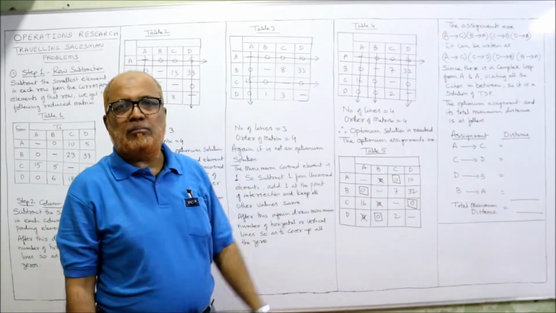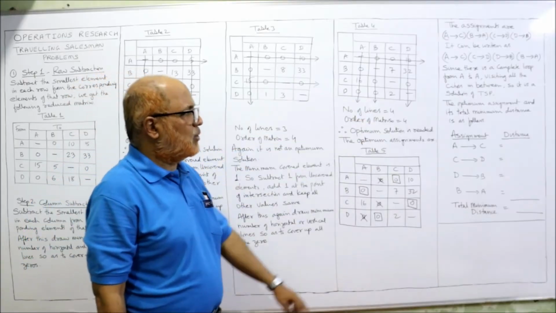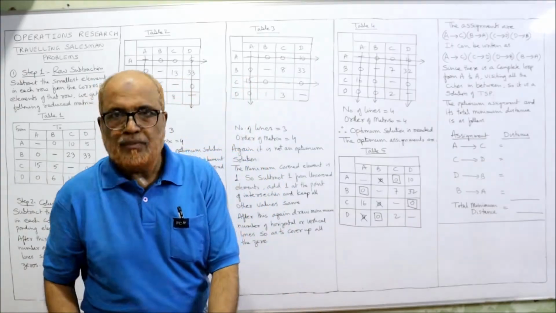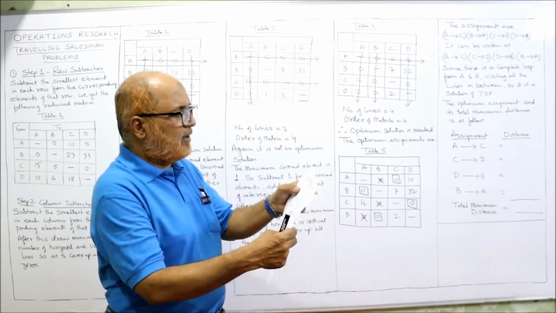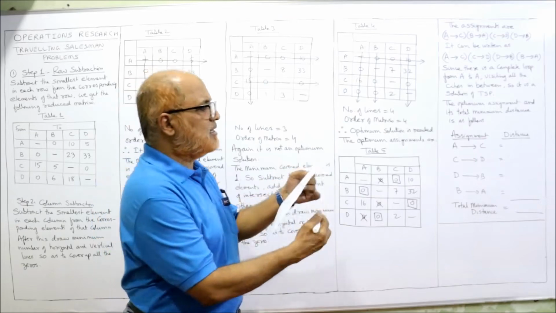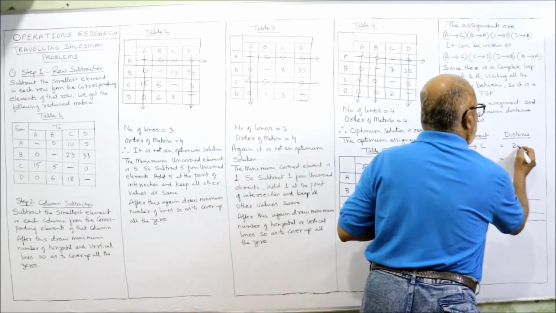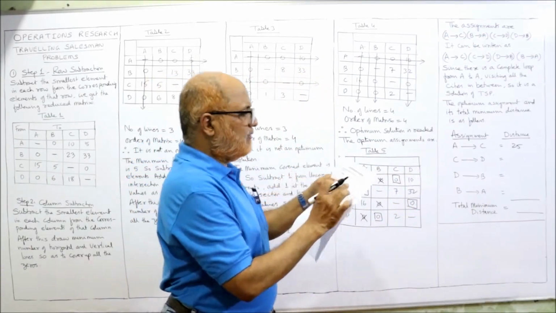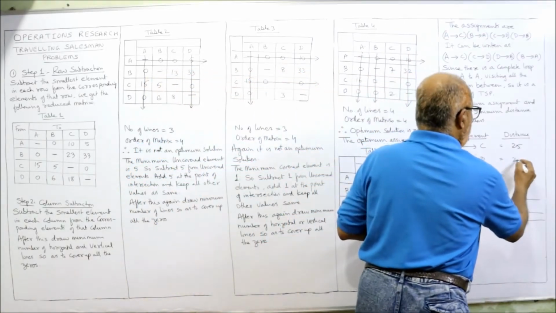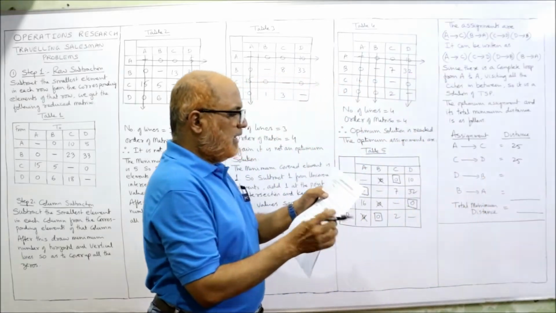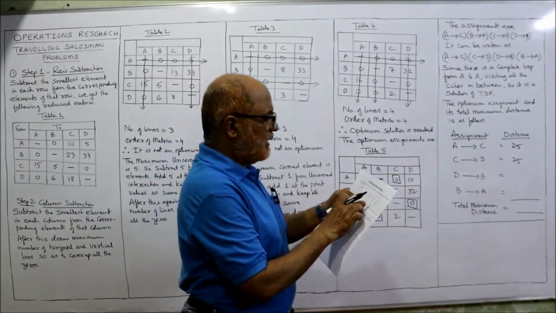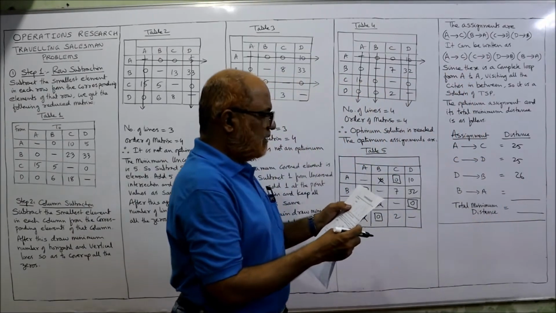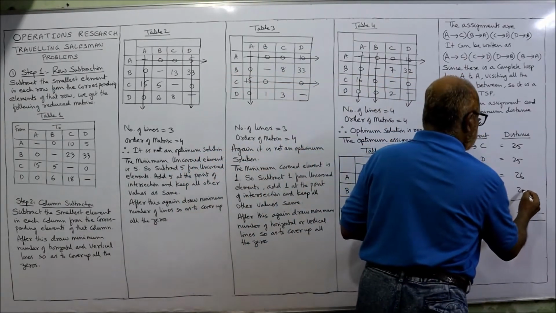The optimum assignment and this total distance is as follows. A to C. Now you can go to the original problem and see what is the distance from A to C. It is 25. Then from C to D, it is 25. From D to B, it is 26. Then B to A, it is 22.